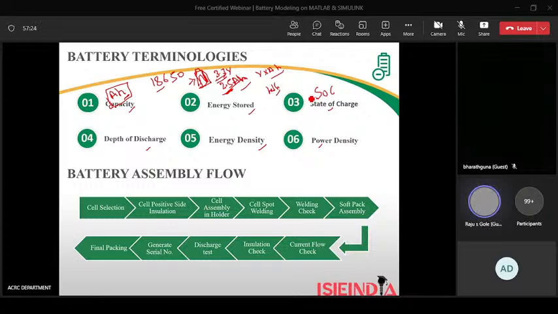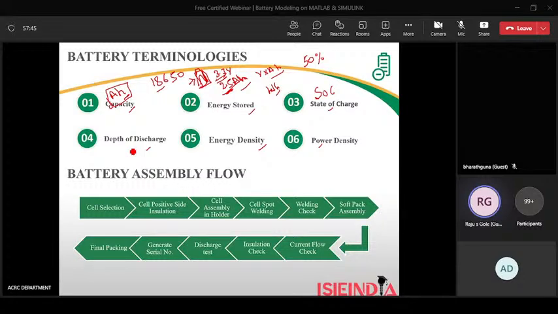Like our battery shows a percentage, like 100% or 90% or 50%. So it represents the SOC of the battery, that this much percentage of battery charge is remaining in the battery. And DOD, that is depth of discharge.